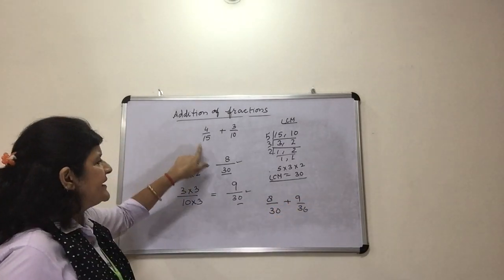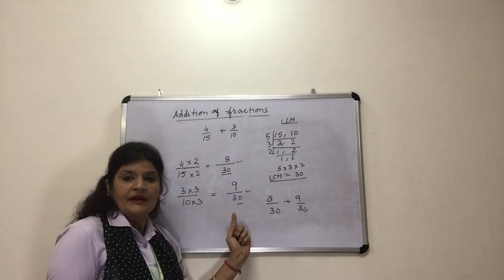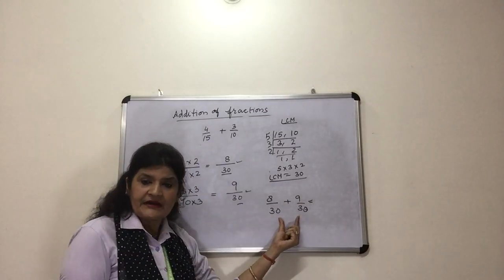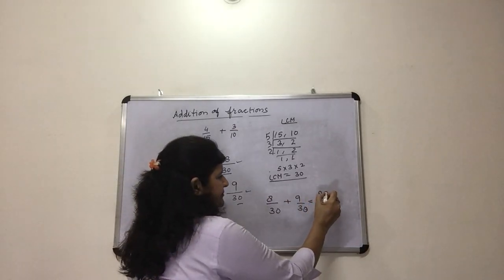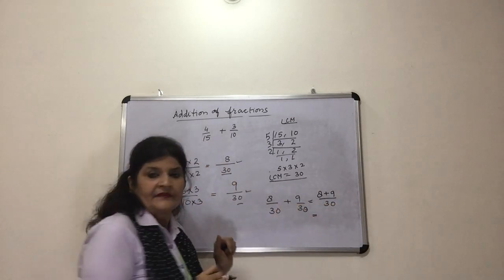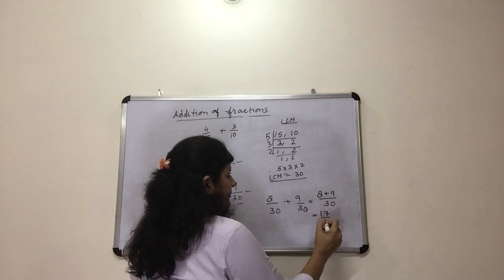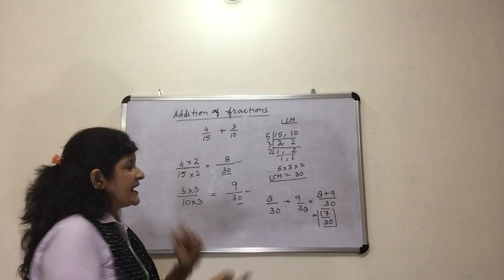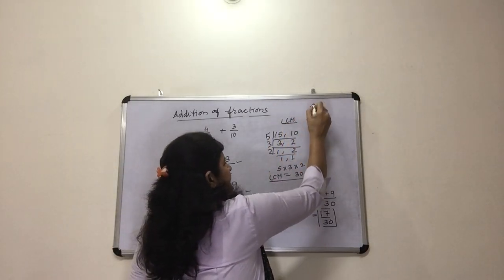The 4 upon 15 converted into 8 upon 30 and 3 upon 10 converted into 9 upon 30. Now the denominators are same, so we can add the numerators, that is 8 plus 9 upon 30. Right? 8 plus 9, 17 upon 30. This is the answer, 17 upon 30.